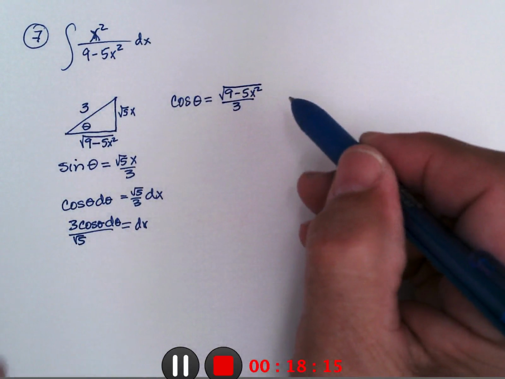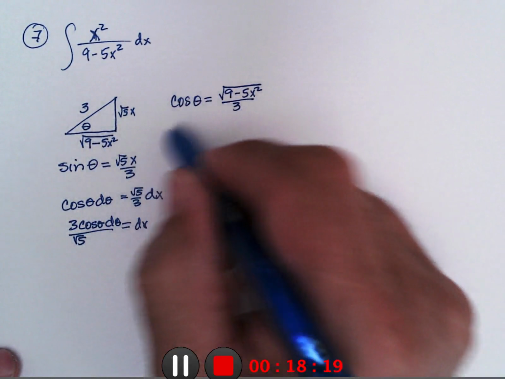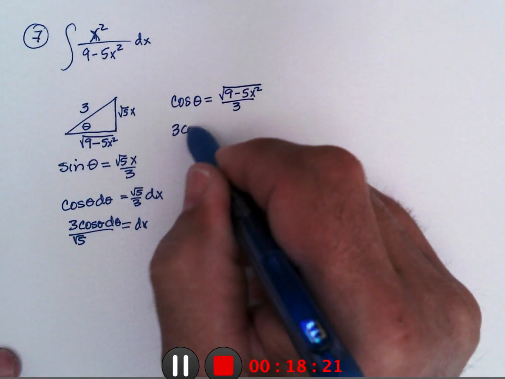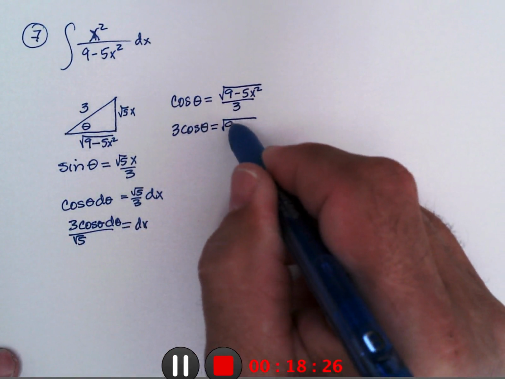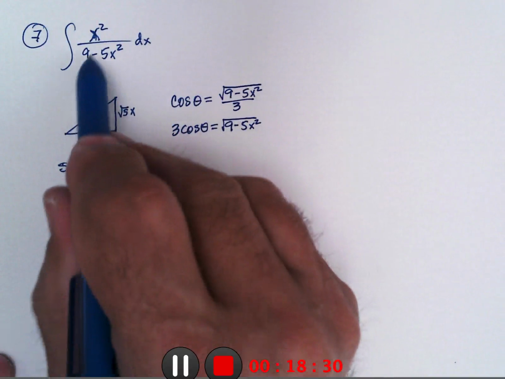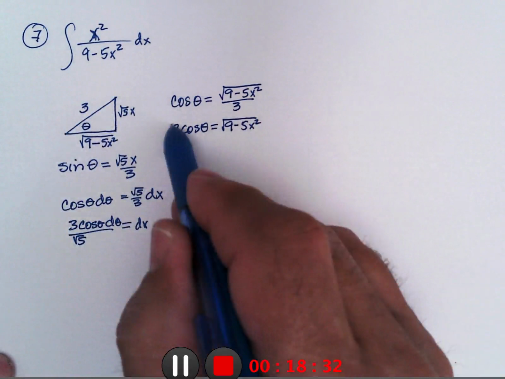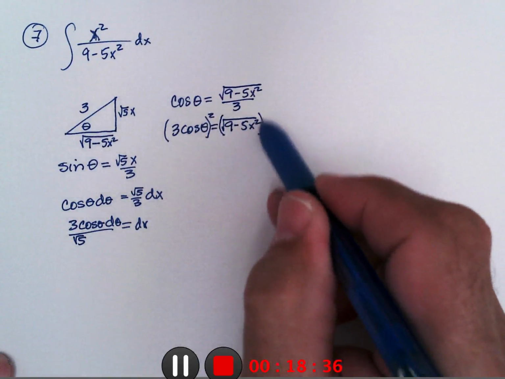But I need just an expression for that thing, so I'm going to multiply both sides by 3. So 3 cosine theta equals the square root of 9 minus 5x squared. This doesn't have a square root on it, so I'd have to square both sides to have something for that.